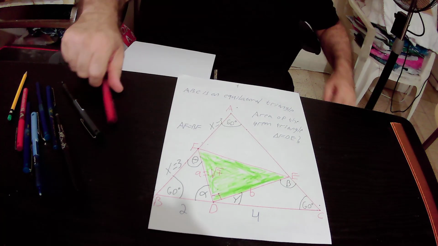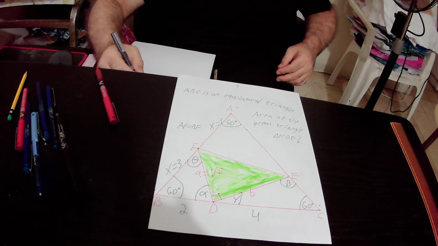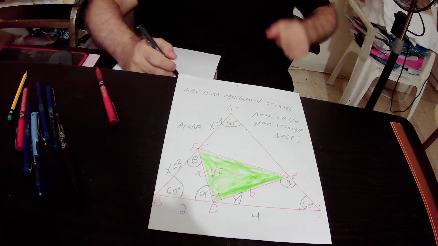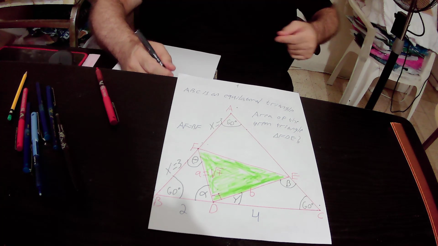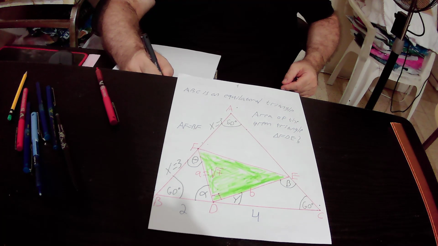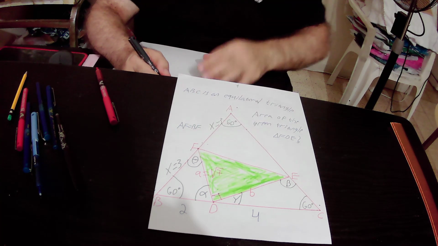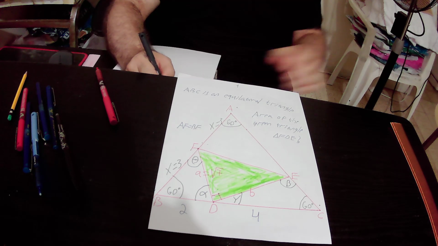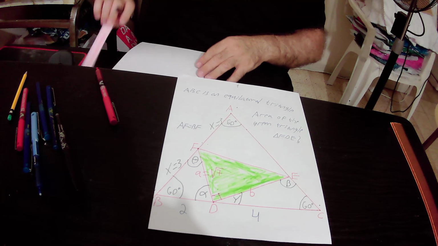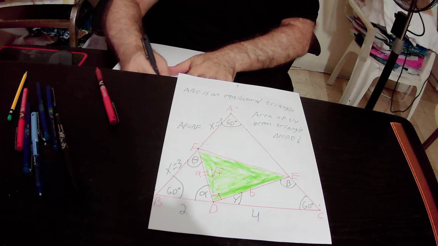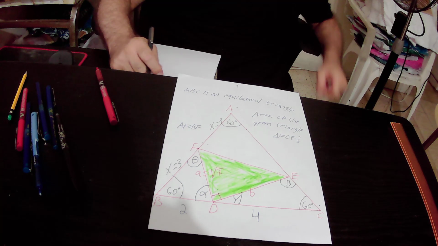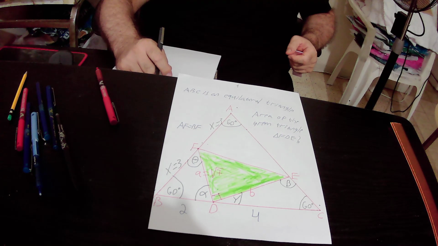So in the next step we will create 4 equations. Equation number 1 will be in relation to triangle FBD. In triangle FBD, the sum of the angles equals 180 degrees. So what are the angles of triangle FBD?